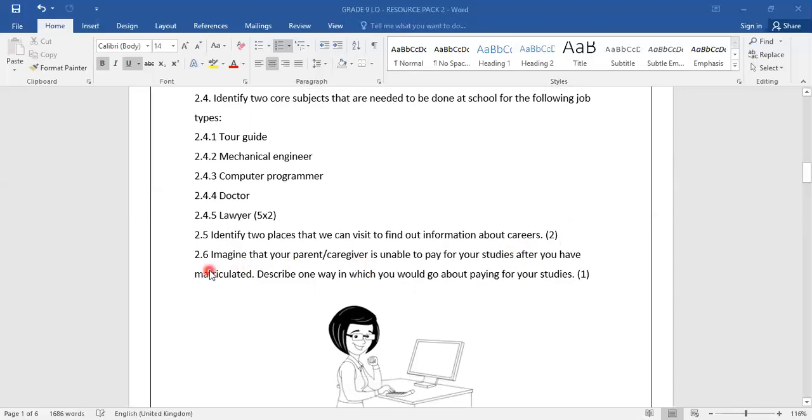Moving on to question 2.6, which requires you to imagine that your parent or caregiver is unable to pay for your studies after you have matriculated, and you have to describe one way in which you would go about paying for your studies.